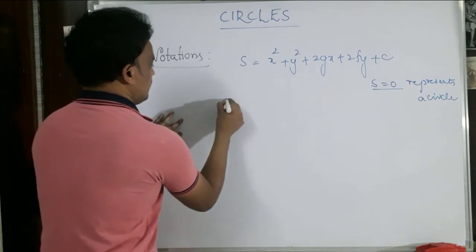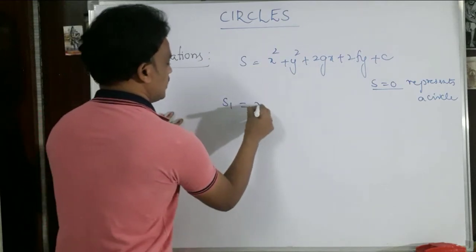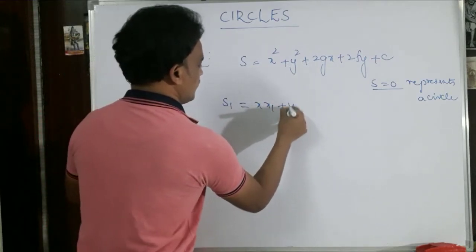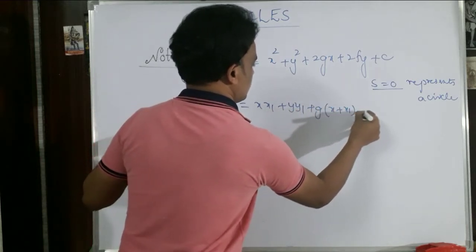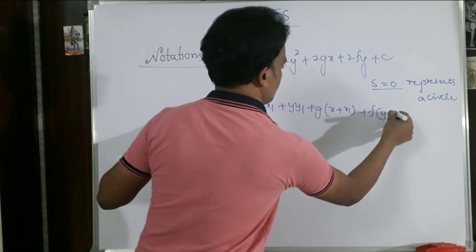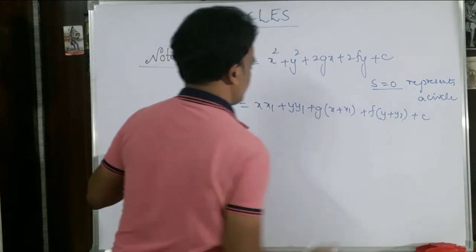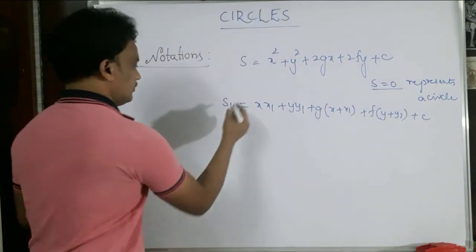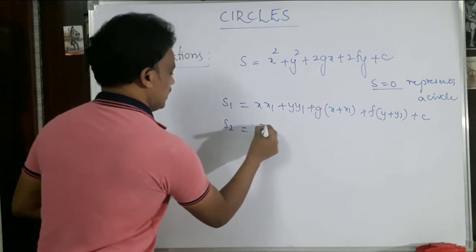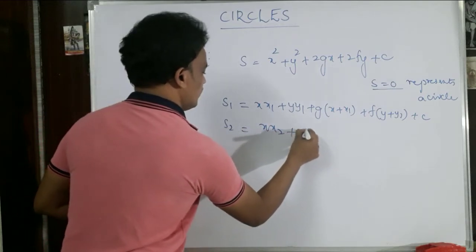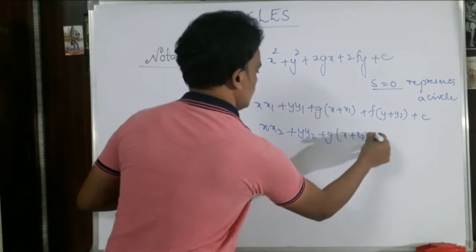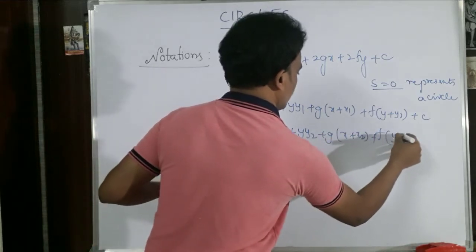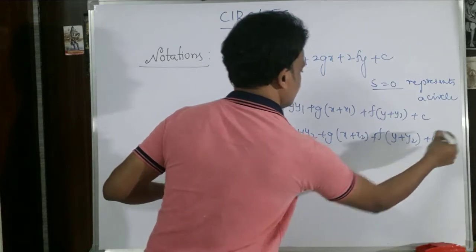Similarly, S1 is x1 square plus y1 square plus g of (x plus x1) plus f of (y plus y1) plus c. S2 is x2 square plus y2 square plus g of (x plus x2) plus f of (y plus y2) plus c.